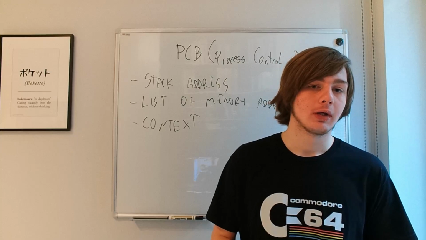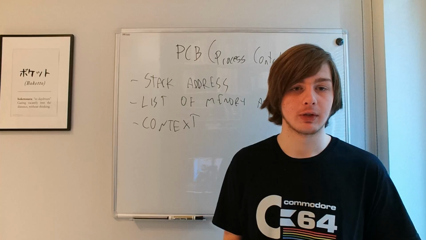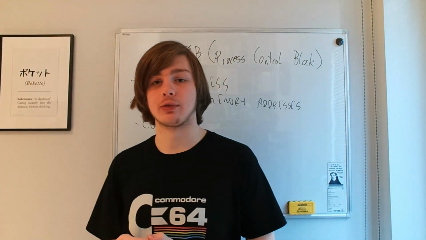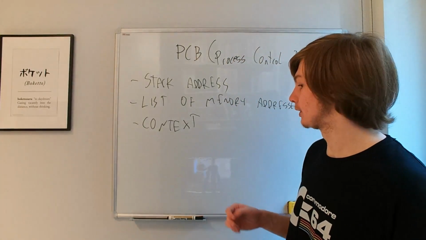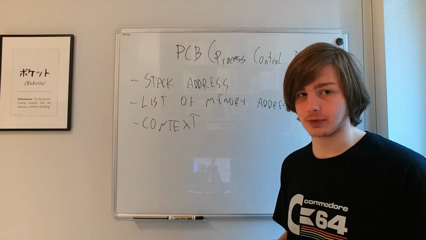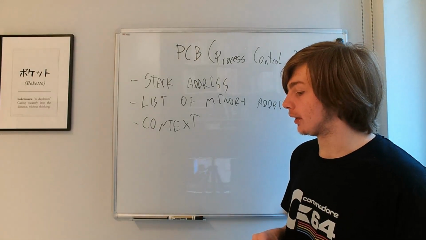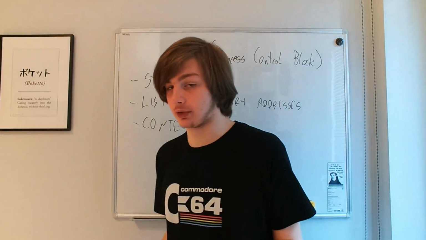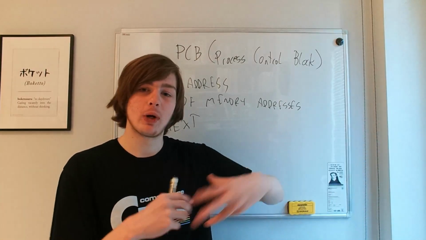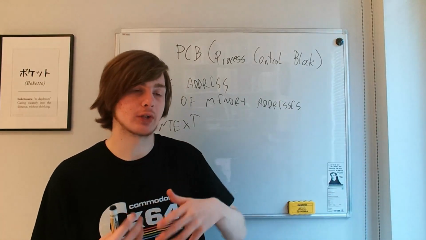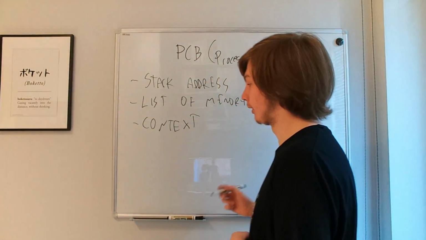In reality, this is usually just the values of all the different registers at the time that the process was stopped or its CPU time was preemptively taken. It's called the context for a good reason, because it will allow us to get the context of where we should execute the process from. It will make more sense in the later part of the video.